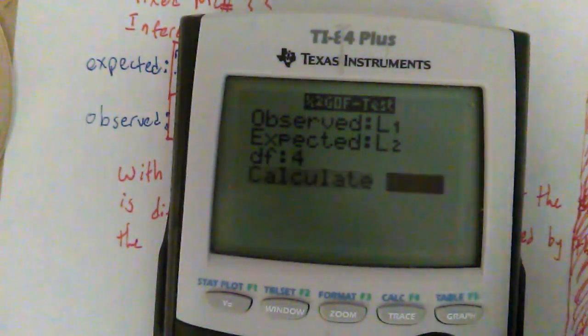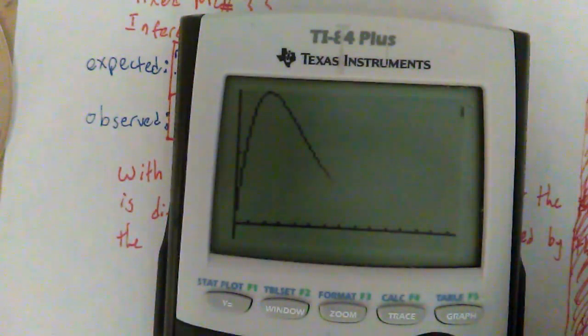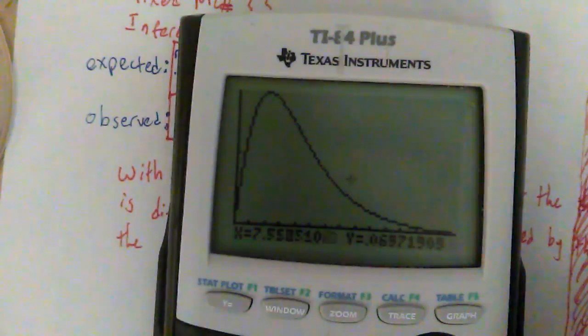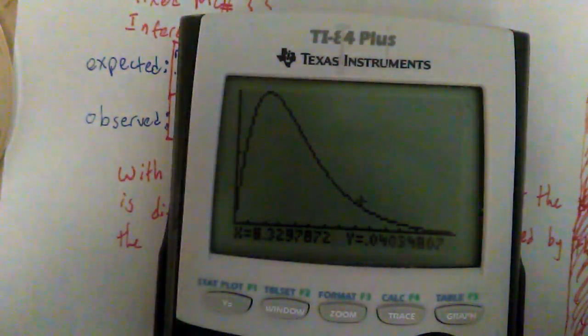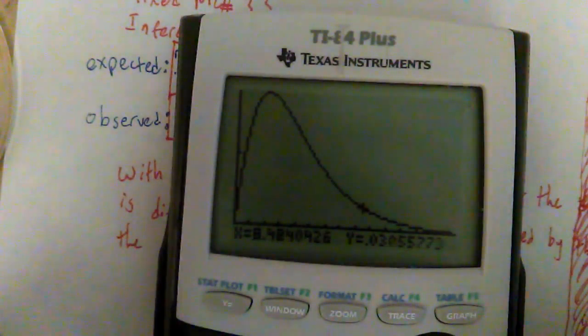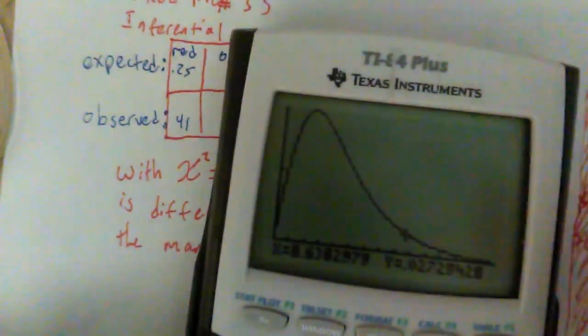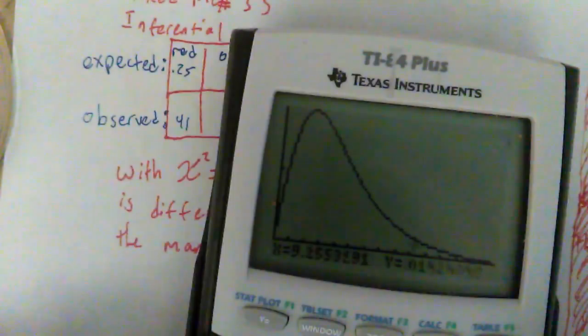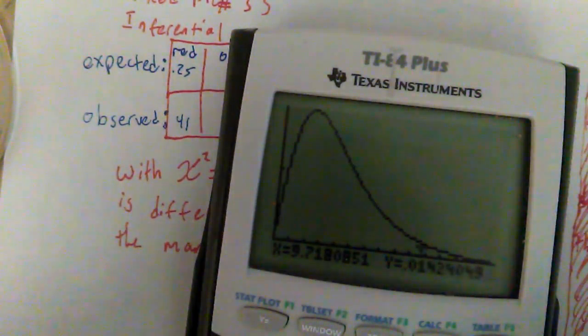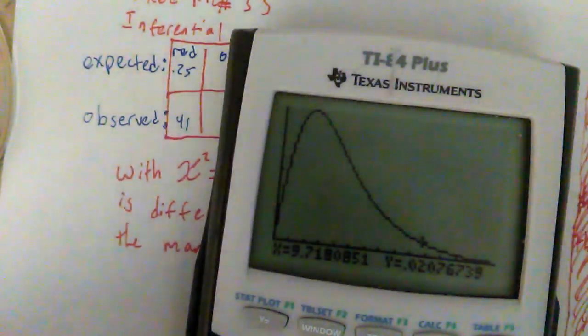Anyways, draw, nearing my end. I'm going to wait for this, and then you look for the value at which this was. Y will tell you the probability of it happening. So it said that your chi-squared value was 9.792. I would roughly just get really close to it, 9.71. So that's roughly a 0.02.